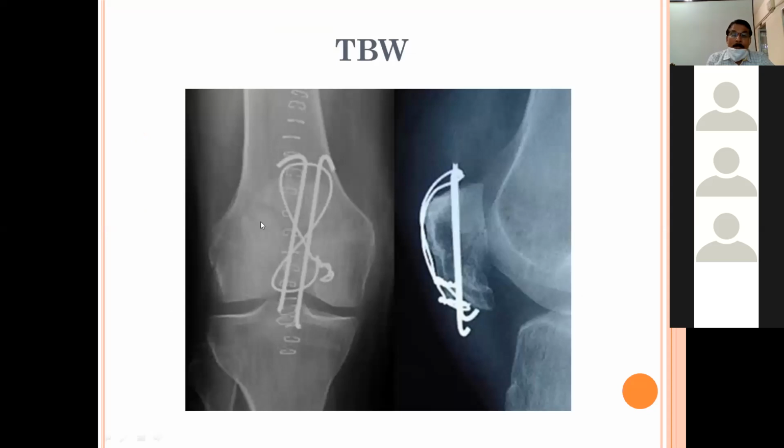You open the fracture site, clean it, then fix it with two K-wires, and a stainless steel wire looped in a figure of 8 is tied together in a way so that it becomes compressed. This whole technique is known as tension band wiring.